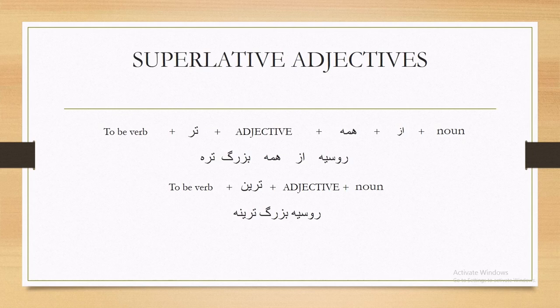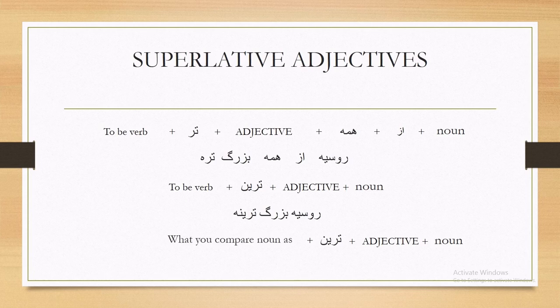But this is a short mode of this way. We can add something else to this way too. For example, we can say Russia is the biggest country, so we can add country. In this way we use noun, then adjective, then tarin, and between tarin and the to be verb we can use what you compare the noun as.